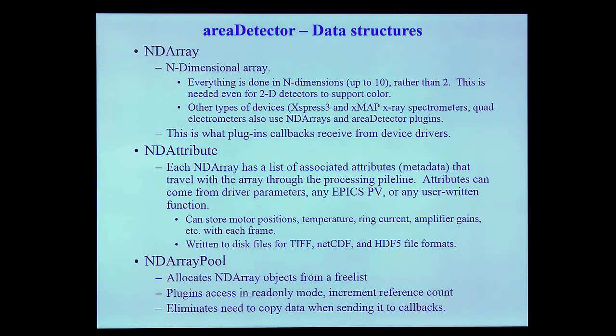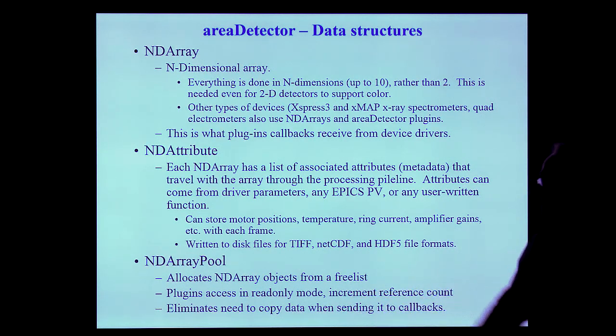And then finally, you don't really need to worry too much about this thing at the bottom, but there's a pool of these ND array objects so that every time the camera wants to get a new one, it doesn't have to allocate more memory, which could be megabytes, and then free it when it's done. It basically just gets one of these things from the pool, and when it's done, the memory already allocated goes back into this pool.